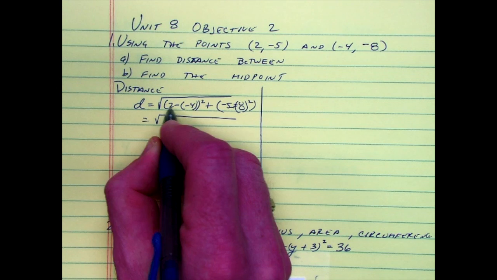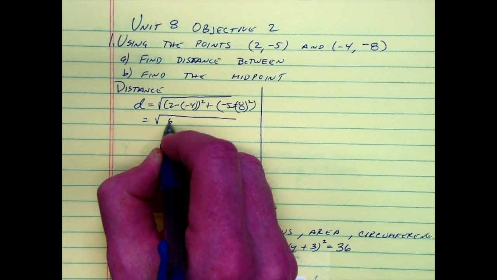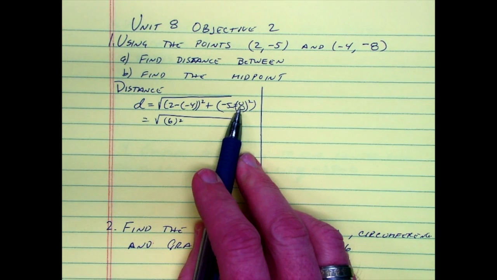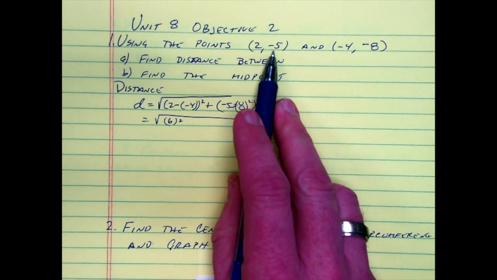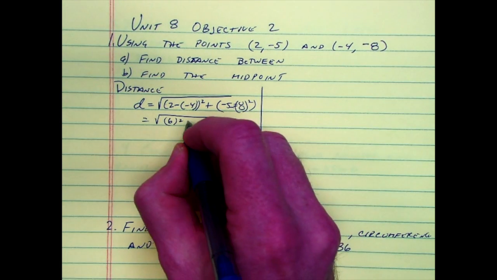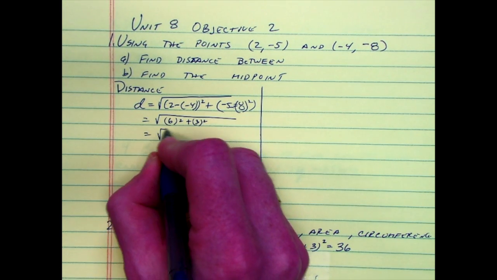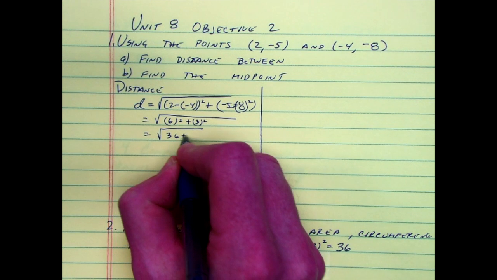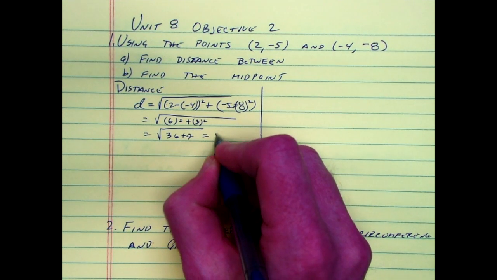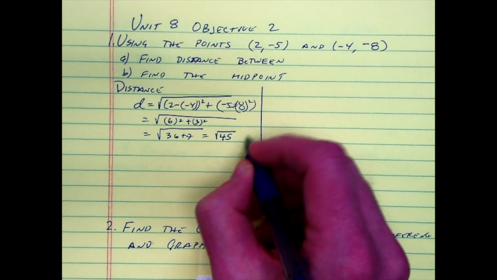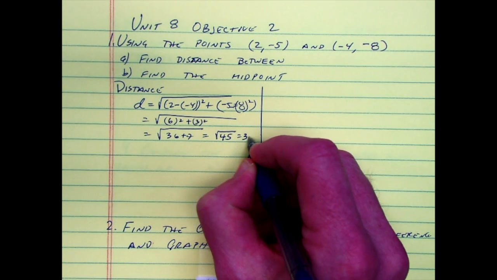It's 2 minus negative 4, which is 6 squared. Negative 5 minus negative 8 is plus 3 squared, which is 36 plus 9, which is the square root of 45, which becomes 3 root 5.